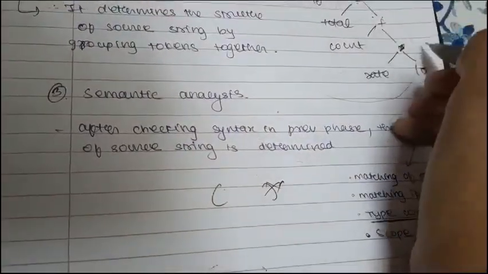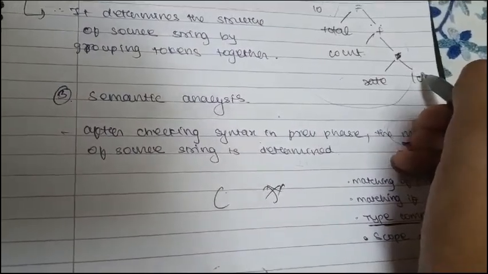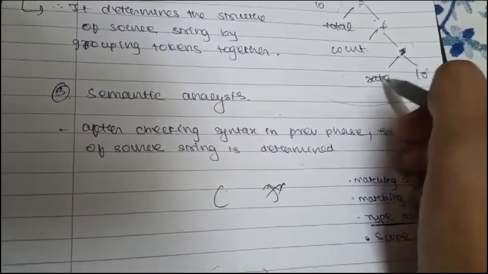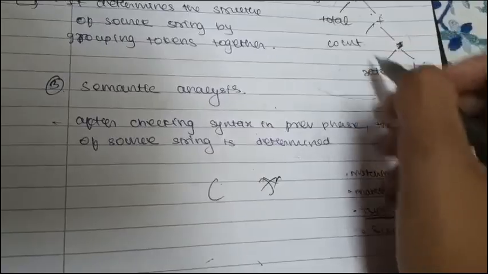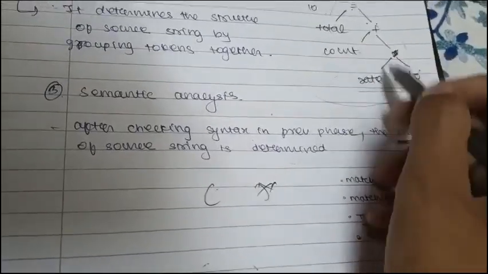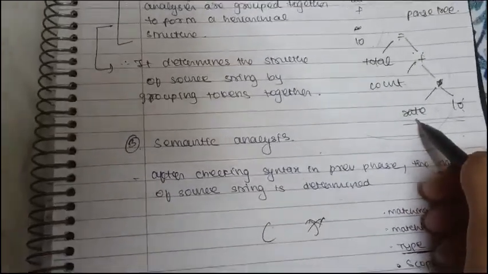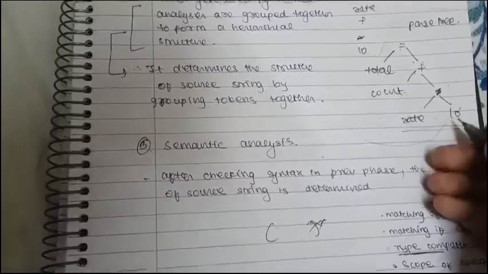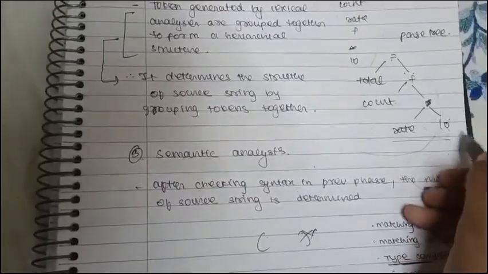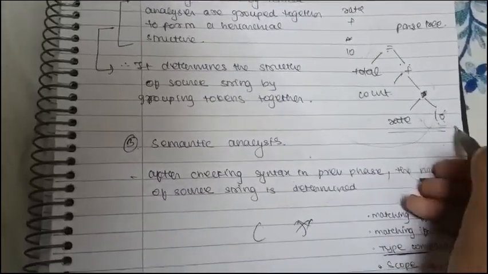See, for example, here in this rate into 10 plus count, type compatibility is very important, as the rate can be of integer type or also a float type. So we need to convert this into float.